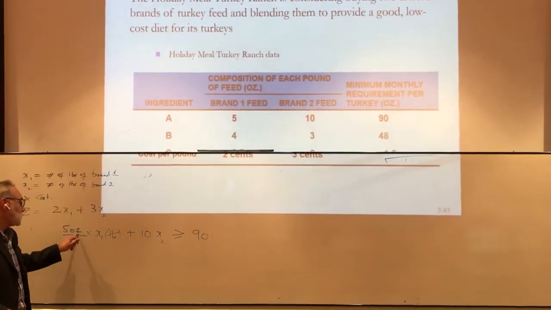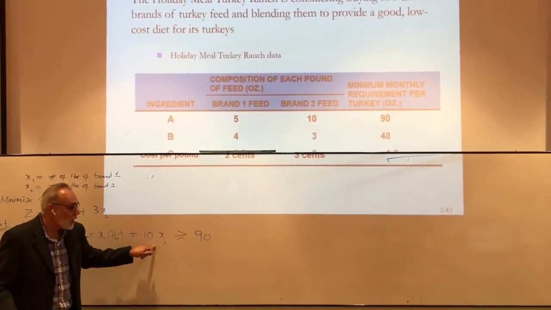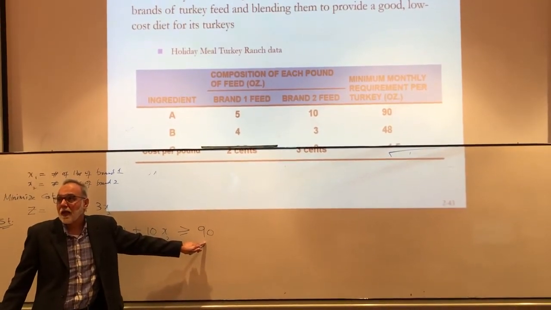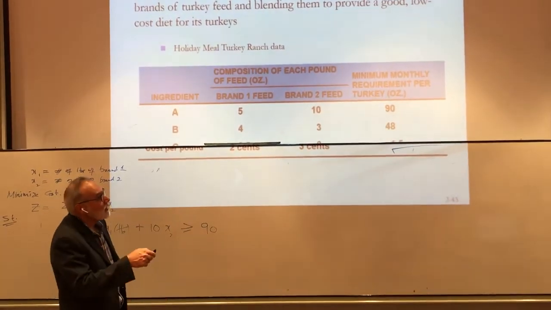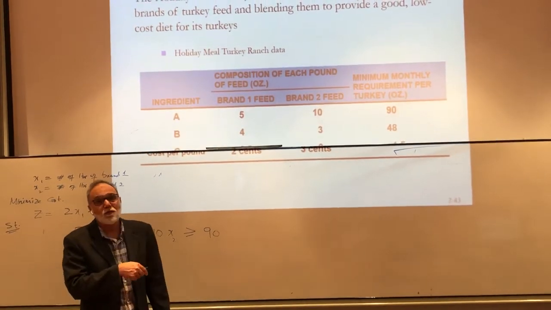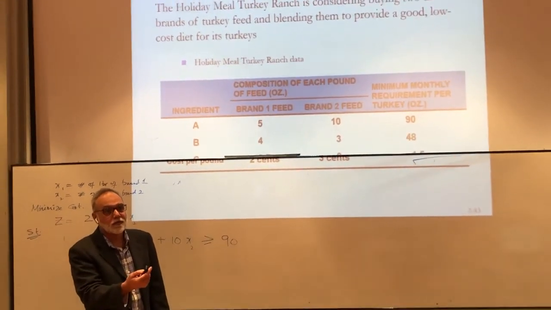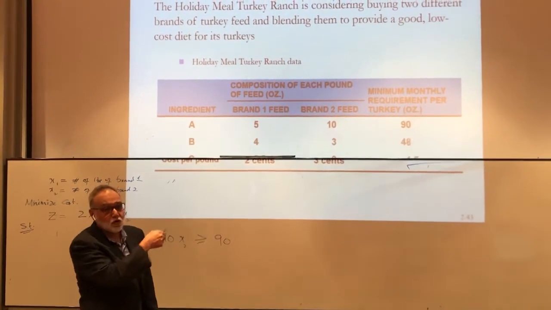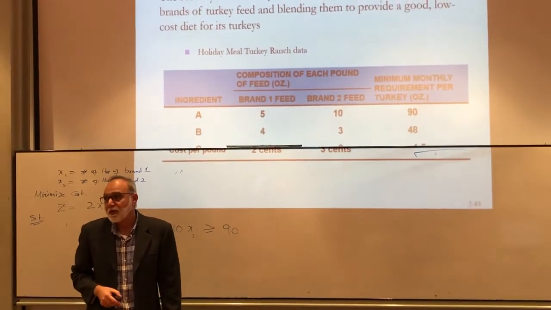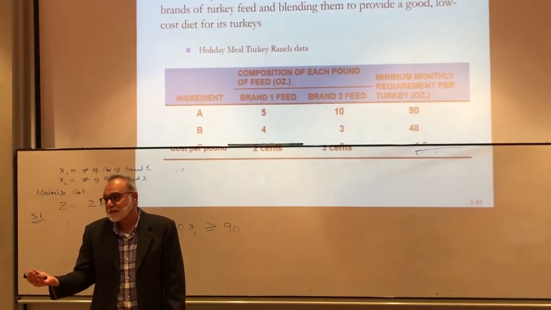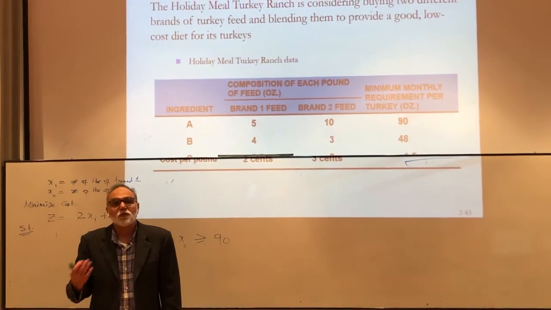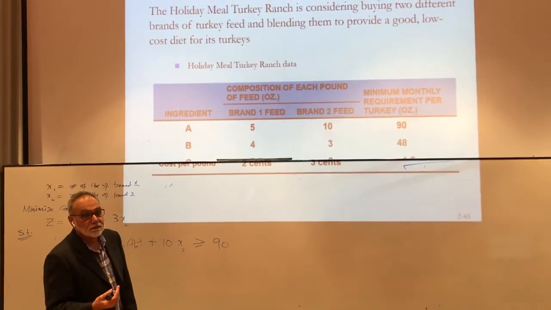This one is in ounces, this one is in ounces, and also this one is in ounces. If the right hand side is given in pounds, we have to convert the right hand side into ounces, or we can convert this into pounds by dividing it by 16. So both ways are possible.